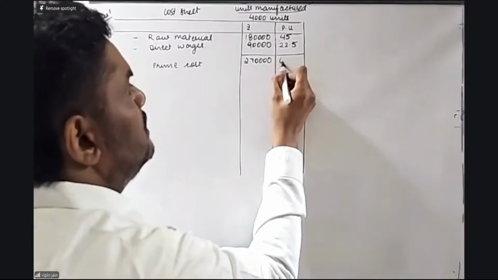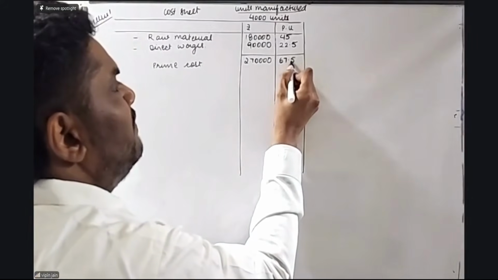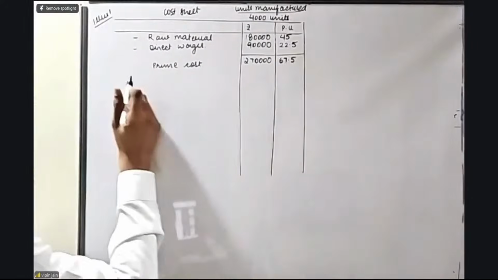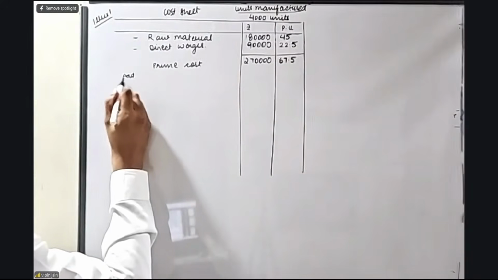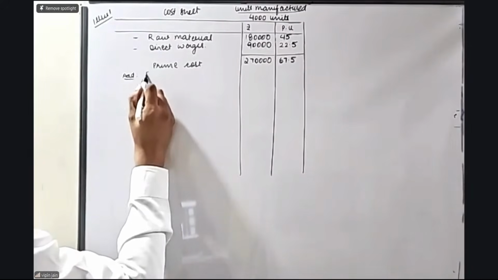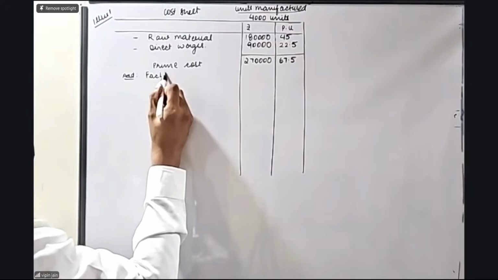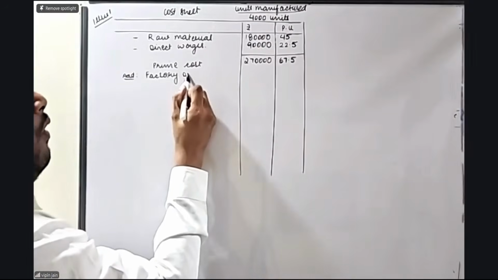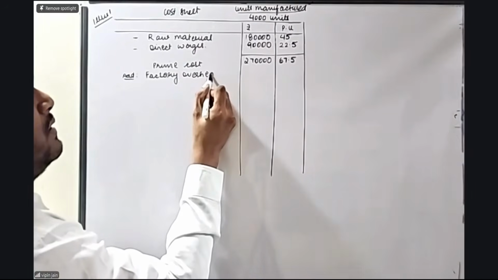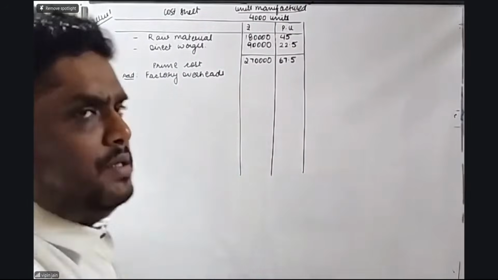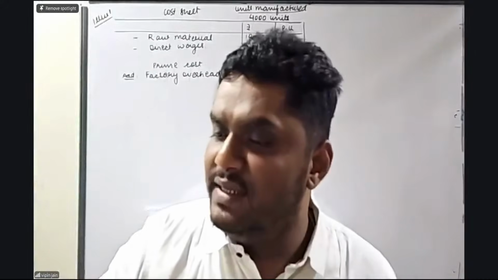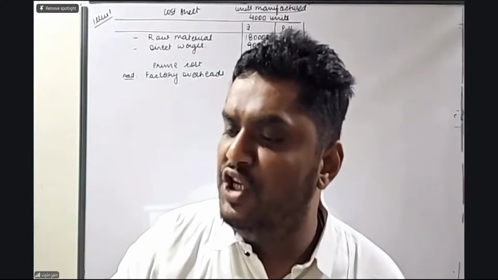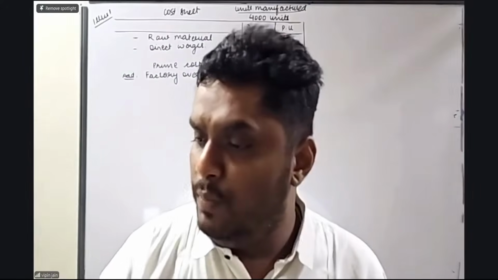So the total cost will be 67.5. We will add all the factory overheads. Now see, the information is given as regards machine hours worked and the machine hour rate, that is 8 rupees per hour.